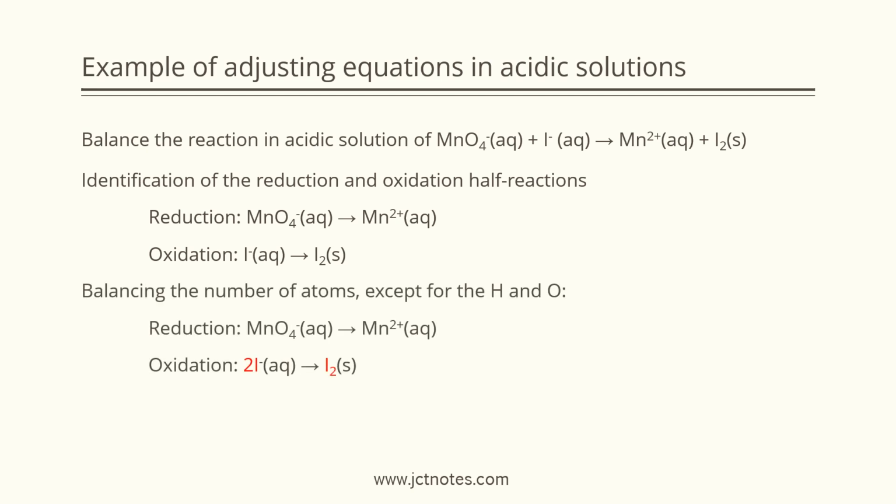In the second step, we balance the number of atoms, except for the hydrogen and the oxygen. In the reduction we have one atom of manganese on both sides, therefore we don't adjust anything there. In the oxidation, we have 2 atoms of iodine in the products, therefore we need 2 atoms in the reactants.